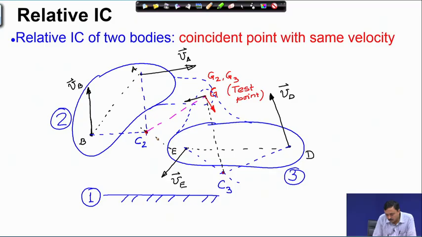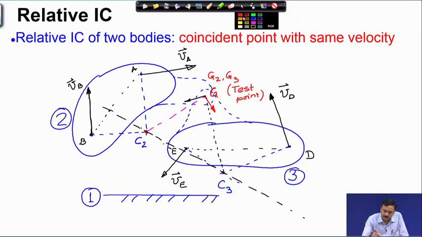So, these two velocities can be same only on the line joining C2 and C3. Why? Because of the velocity of a test point on this line, say this is now the new G, where G2 and G3 are coincident.